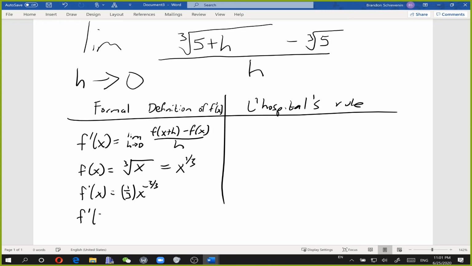F prime at 5 is 1/3 times 5 raised to the negative 2/3 power. And we can simplify if we want. So that's 1/3 over the cubed root of 25.